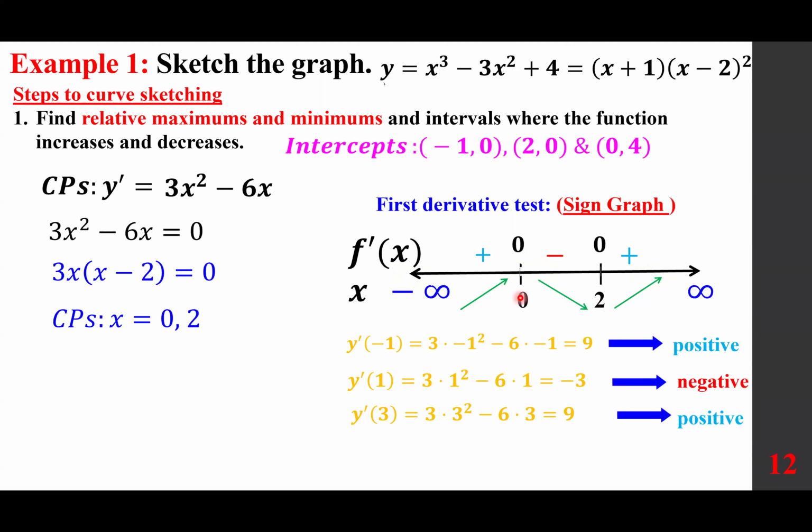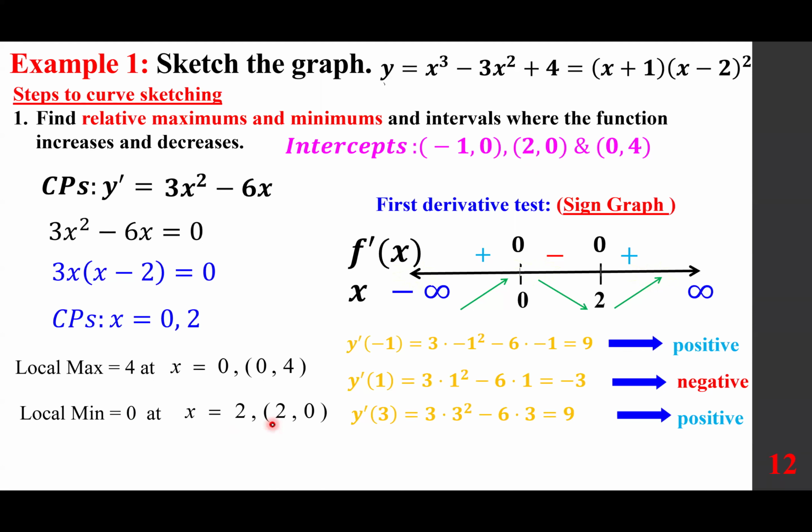Since we already have the pair for 0, you have to put it back into the original function, so the y-intercept is also a local max. For the local min, we have to put the 2 in the original function, and it happened to be 2, 0, so we don't have to do much work. The local minimum is equal to 0 at x equals 2.